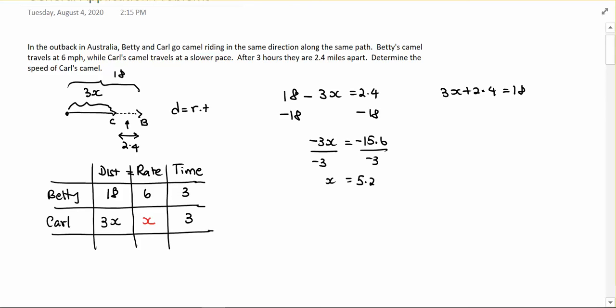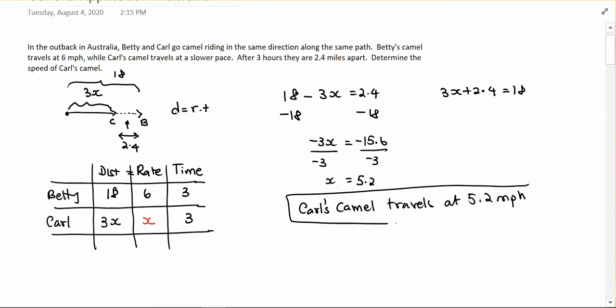So we can go back to answer the question, what is x? x is Carl's rate, so Carl's camel travels at 5.2 miles per hour. That was our first distance, rate, time problem in this series.